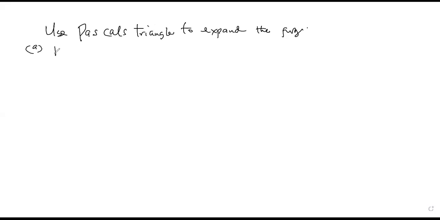A, p plus q to the power 3, I'm beginning with this small one. B, a plus b to the power 5. Let's begin with this one, and then I show you how it just works.